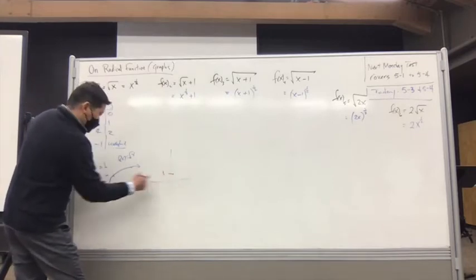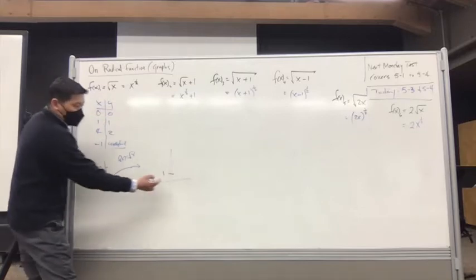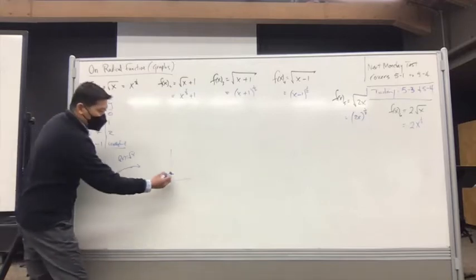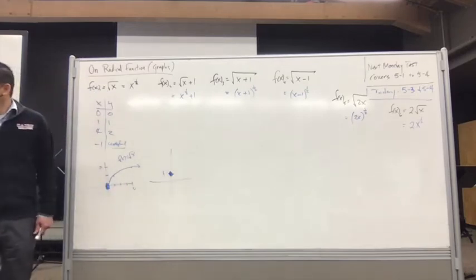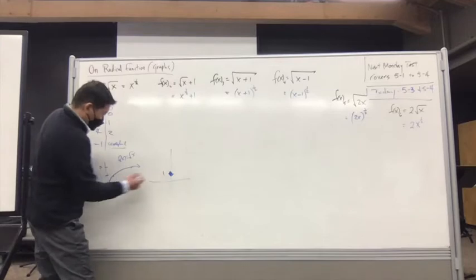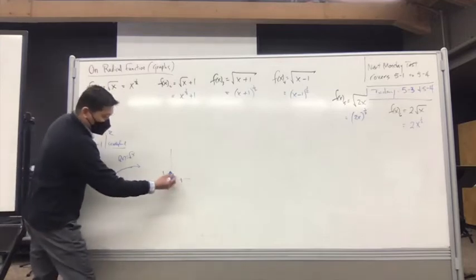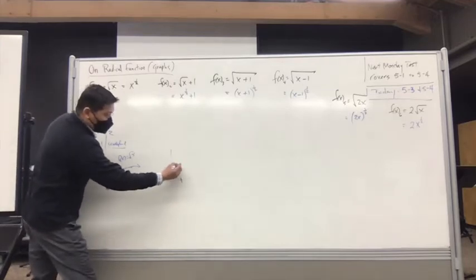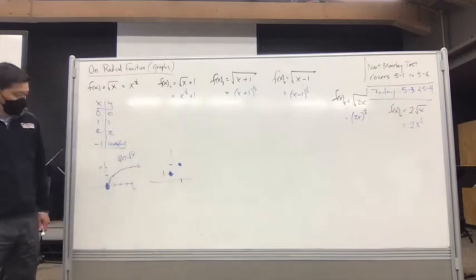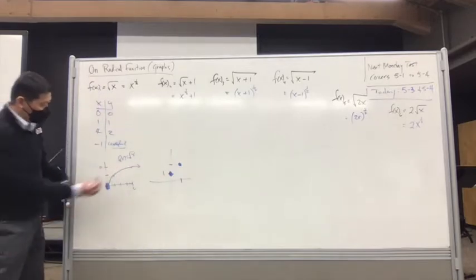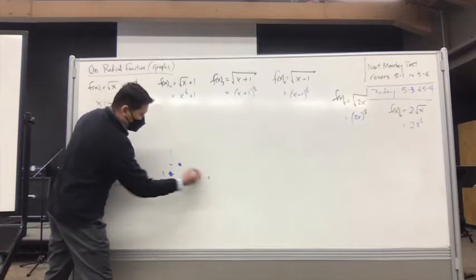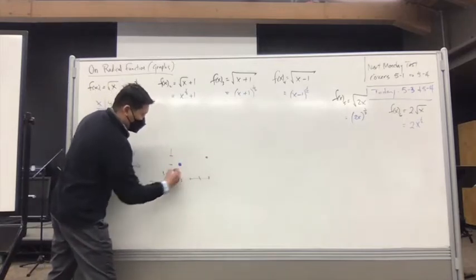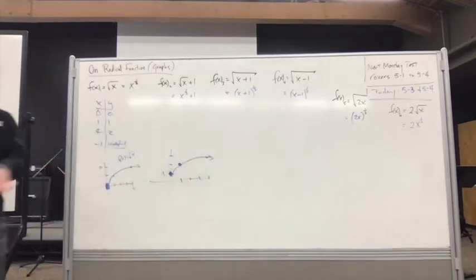So instead of 0, 0, it will be 0, 1. The starting point will be right here instead of right here. And what would have been 1, 1 becomes 1, 2. What would have been 4, 2 becomes 4, 3. So it would become this, just shifted up 1 point.